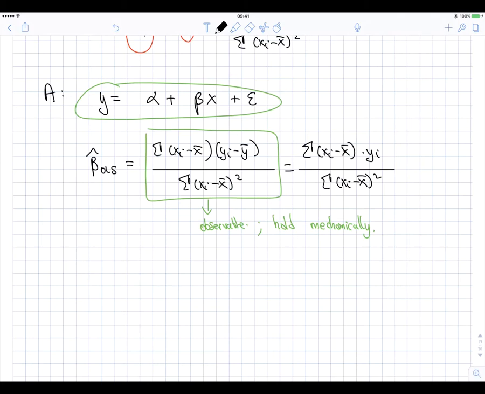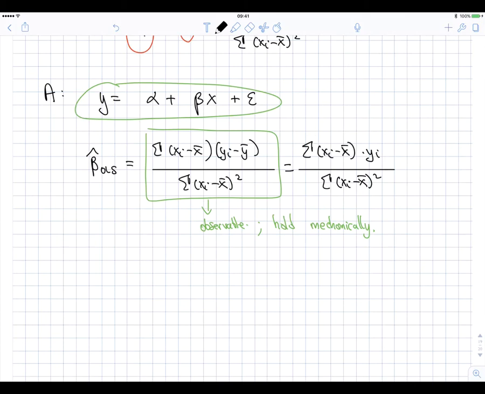Why is that the case? Someone else. Yeah. So you multiplied the numerator up, and then you would have y bar times (xi minus x bar), and that whole summation equals 0. Correct.